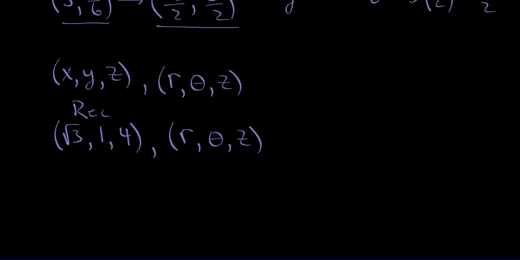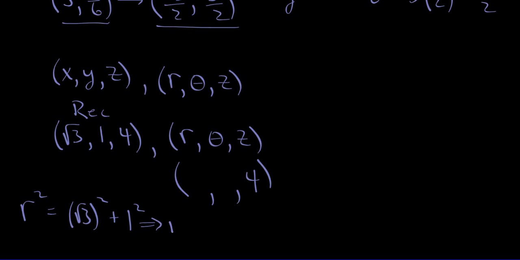Well, the easiest thing you can do is put in the z. We know what the z is. The z is 4. That's super easy. Then everything is just back exactly like polar. So we've got r squared is equal to the square root of 3 squared plus 1 squared. And that will give us r squared is equal to 4, which means that r is equal to 2.